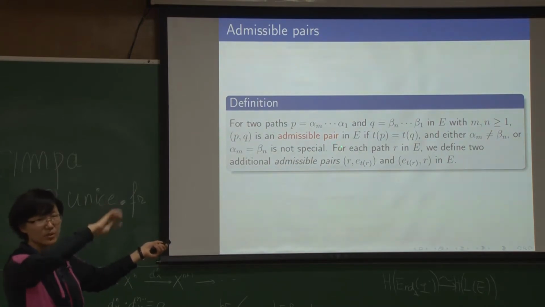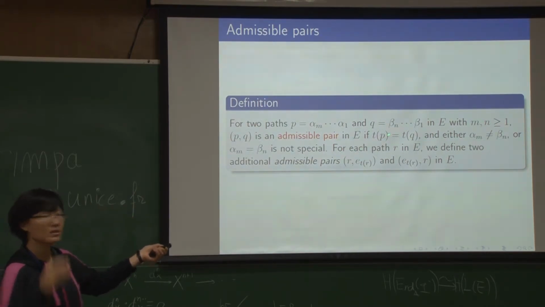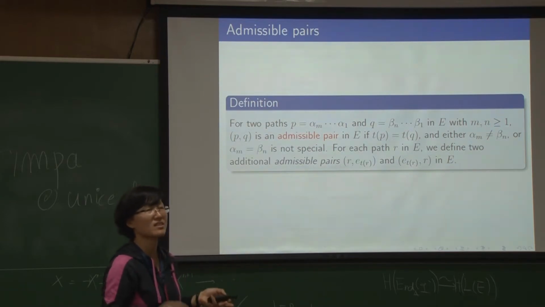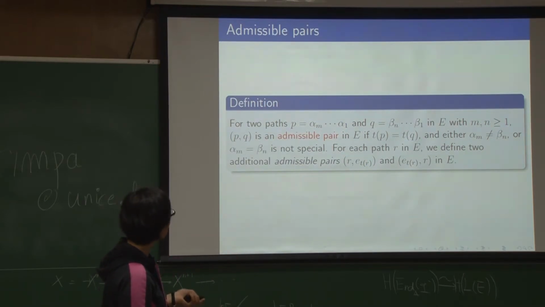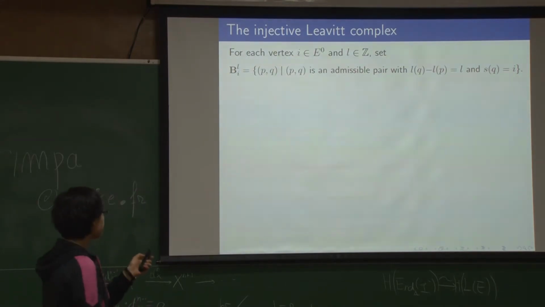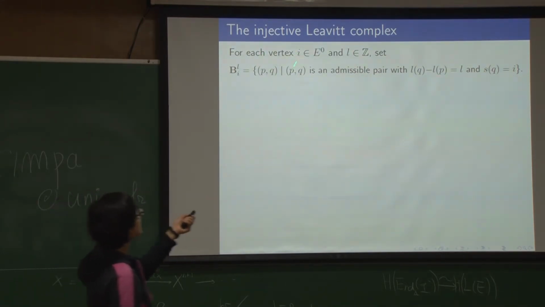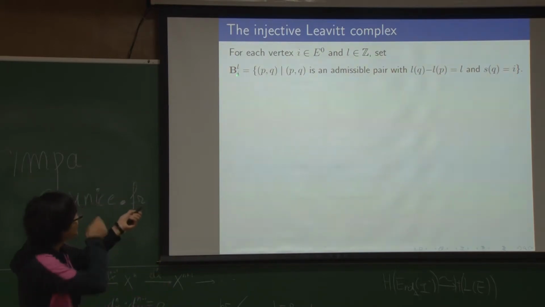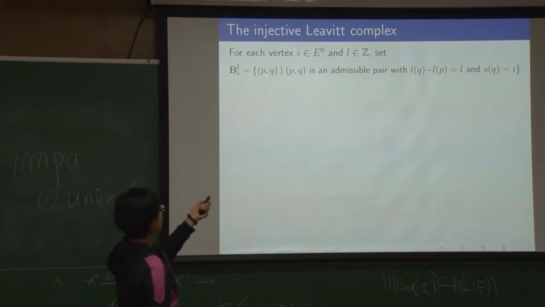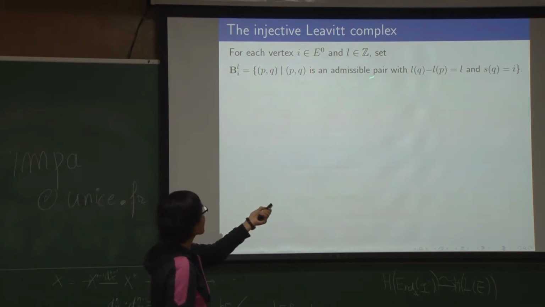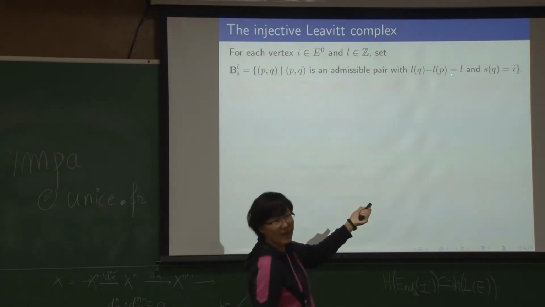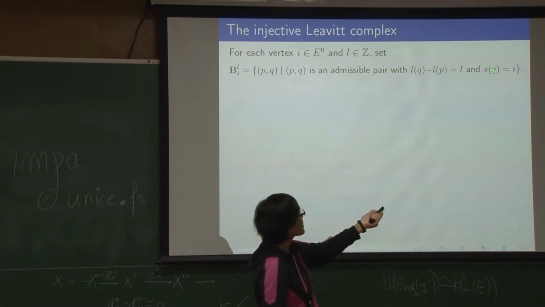We just pick the pairs in the graph E. I try to use these pairs to construct the injective Leavitt complex I. So here is some notation. For a vertex i and an integer l, we set B_l^i to be this set. It consists of the admissible pairs (p, q) such that the length of q minus the length of p is l, and the starting point of q is i.